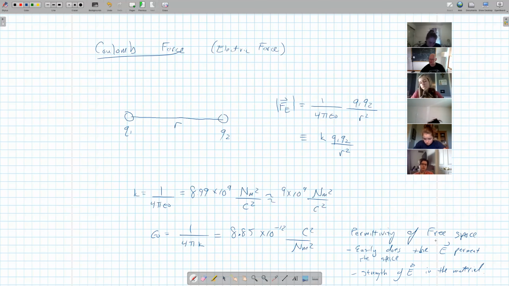It's called the permittivity of free space because this is only true in free space, so basically in a vacuum.